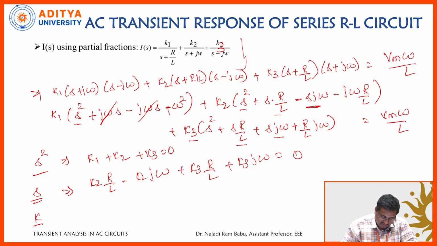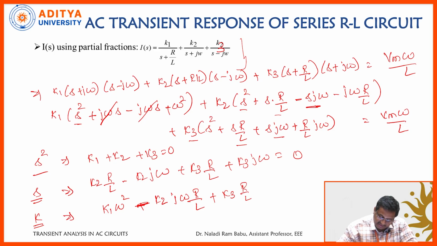Next, if I take the constants, K1 into omega square plus, in this part, minus K2 into j omega R by L plus K3 into R by L j omega equal to 0.